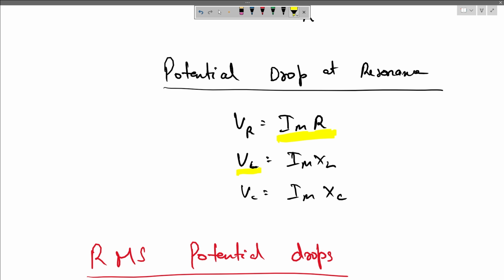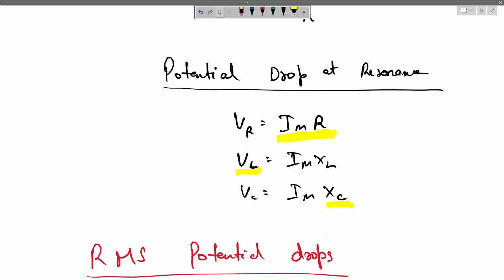Similarly, VL, the potential drop across the inductor, is equal to Im multiplied by XL, where XL is the inductive reactance. Similarly, the potential drop across the capacitor is equal to Im multiplied by XC, where XC is the capacitive reactance.